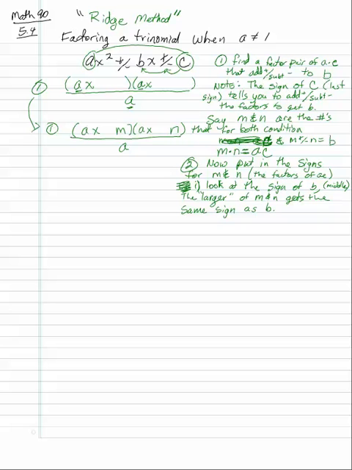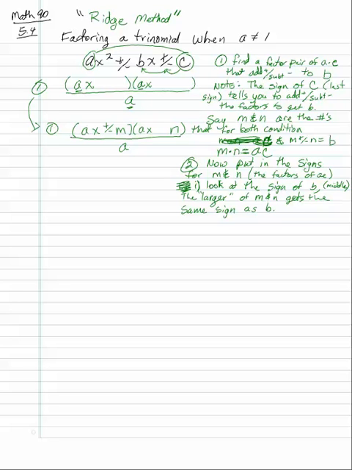The larger of the factors, m and n, gets the same sign as B. So if m's the bigger number, m gets that sign. If n's the bigger one, then that gets the sign of B, the middle term, okay? So if m was the bigger one, you're going to put in whatever sign B has.